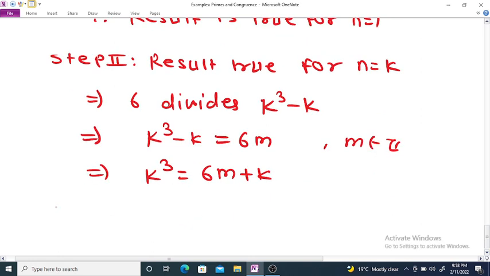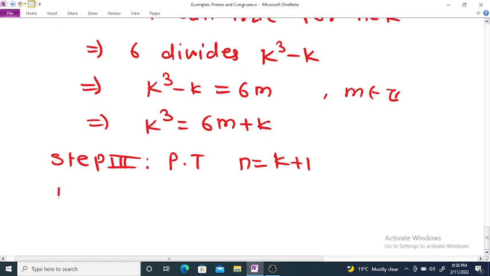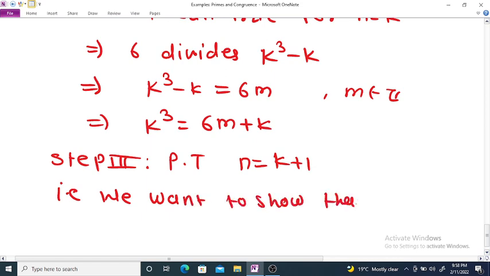Okay, now in step number 3 we want to prove that the result is true for n is equal to k plus 1. That is, we want to show that 6 divides (k plus 1) cube minus (k plus 1).